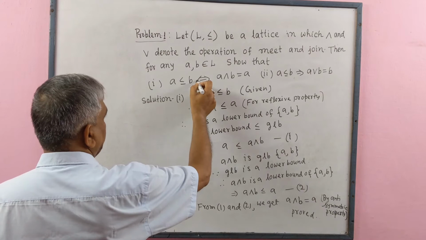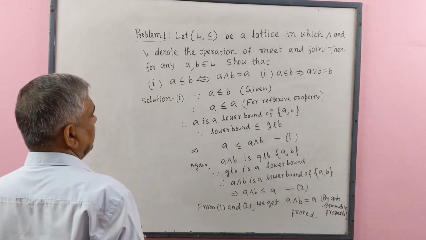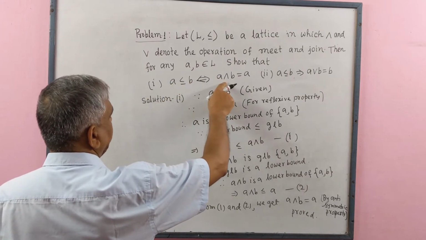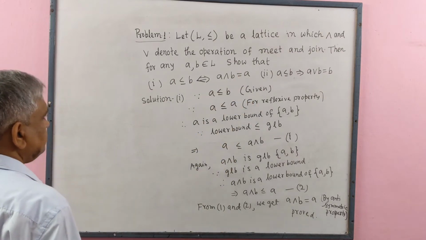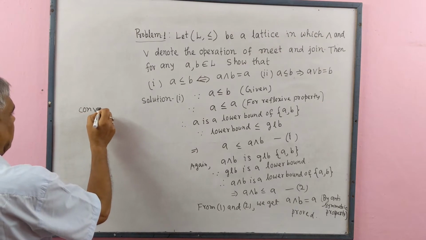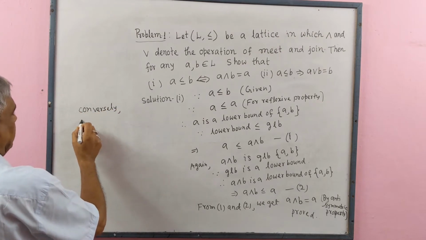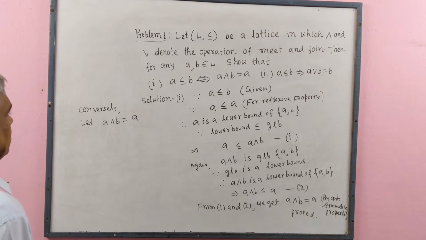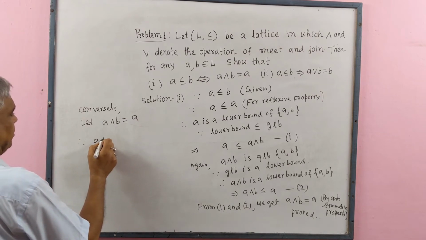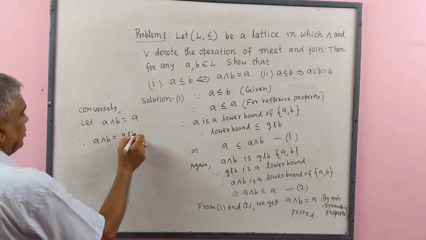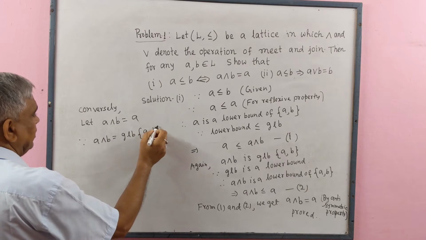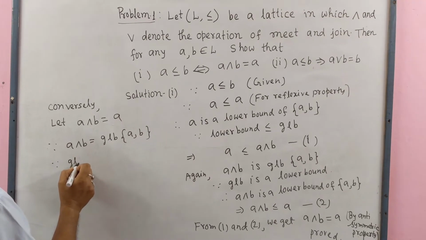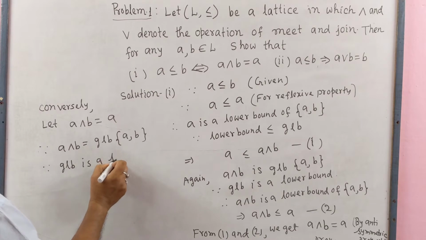Now, if the sign is both side implication, then we shall prove A less than equal to B by assuming A meet B equal to A. Conversely, let A meet B equal to A. Since A meet B equal to greatest lower bound of the set containing elements A and B, and greatest lower bound is a lower bound.